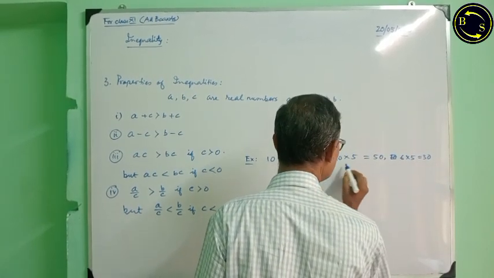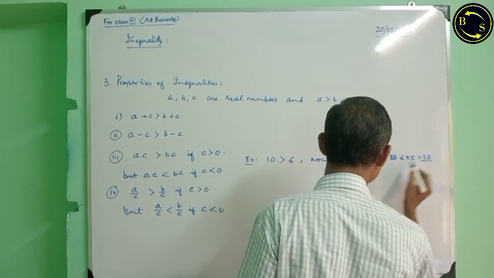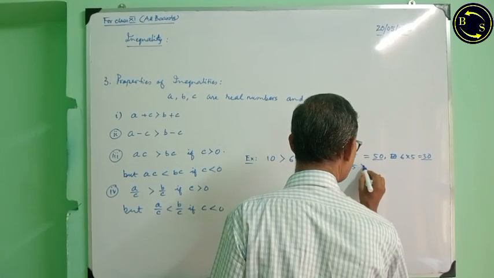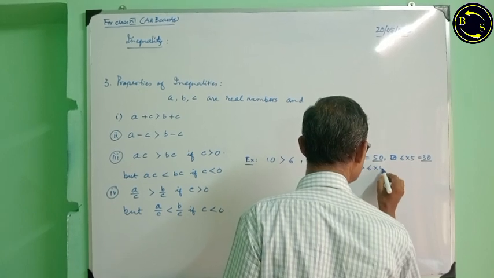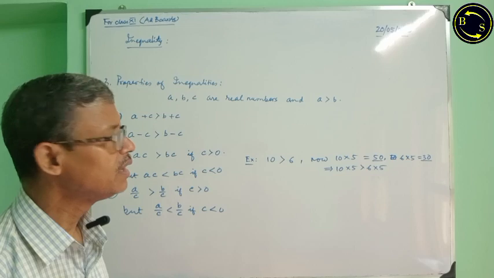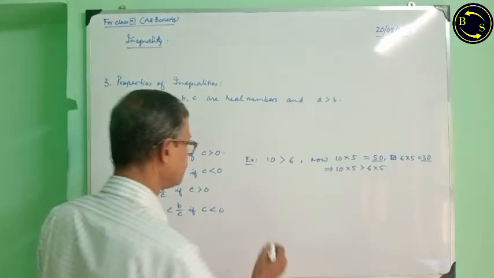That means 50 greater than 30. Therefore, 10 into 5 greater than 6 into 5. We are multiplying both sides by a positive number.